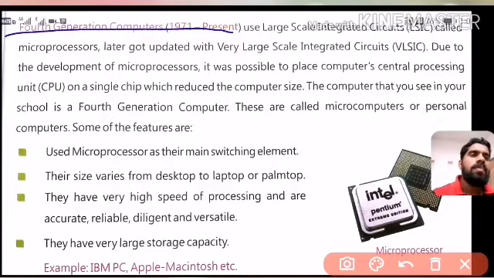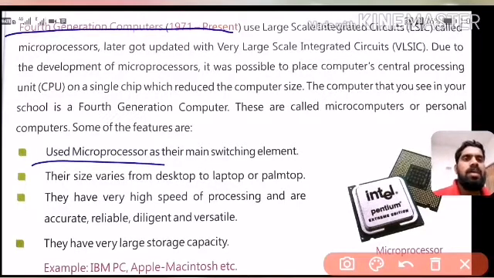These are called microcomputers or personal computers. Some of the features are: they used the microprocessor as their main switching element. Their size varies from desktop to laptop or palm top, like smartphone, tablet, etc.